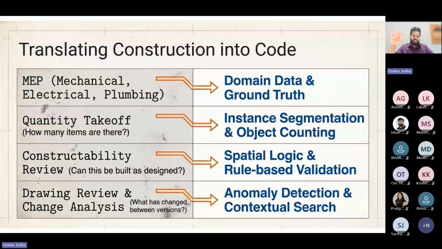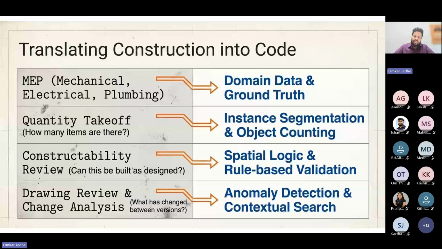From the time we decided to design till the time we are going to the execution, all of these changes need to be tracked. So these are the three major workflows of construction which are going to get addressed by solving a problem which we see at the right side. So what we have to do as the AI experts is the instance segmentation and object counting using AI, computer vision.